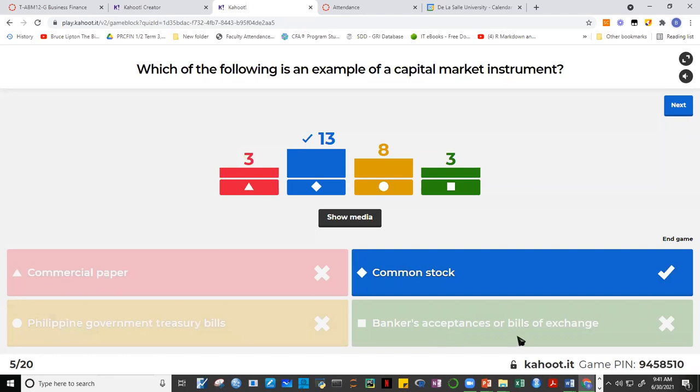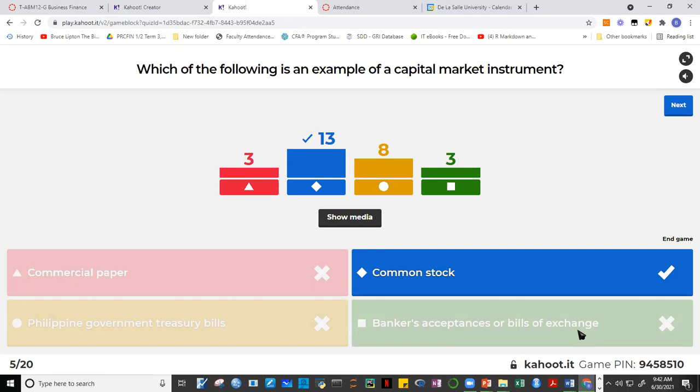Okay, bankers acceptance guys, instrument din to. Ang tawag din dito bills of exchange. So maraming maraming terminologies. Ang bankers acceptance parang guarantee ng bangko. It's a check, no? Parang check siya na parang ginagaranti ng bangko na babayaran niya yung amount na yan. Kunyari 500,000.